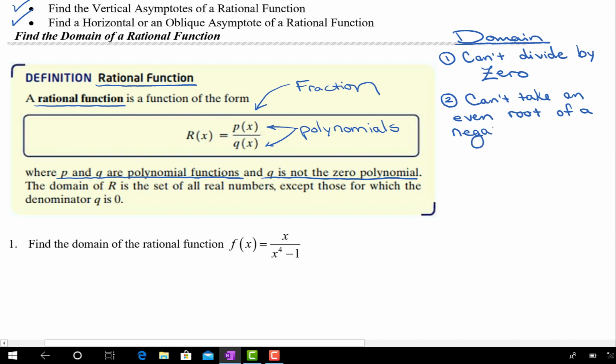number. So whenever we're asked to find domain, that's one of the other things we need to watch out for. We need to make sure that we don't accidentally end up with any negative numbers inside of even roots. And number 3, you can't take the logarithm of 0 or a negative number.